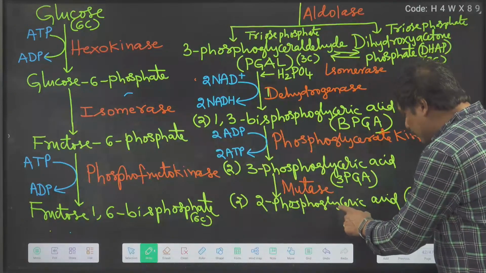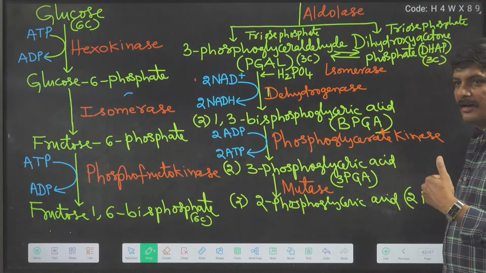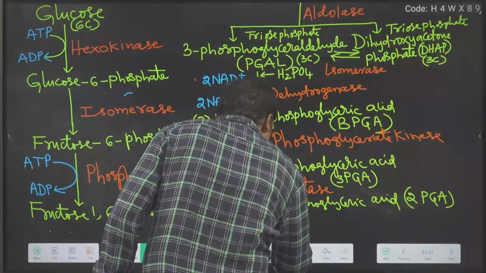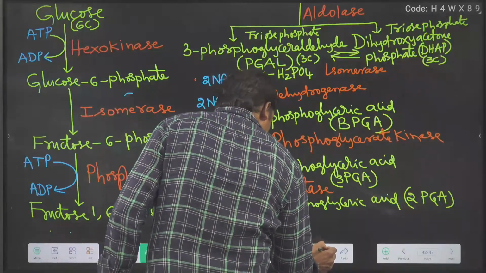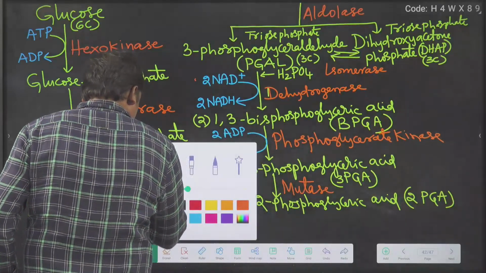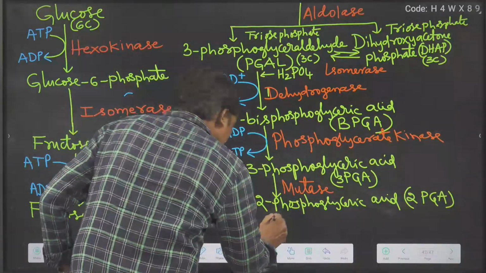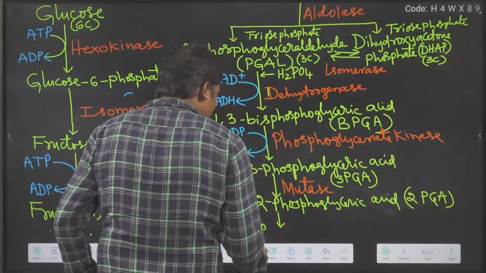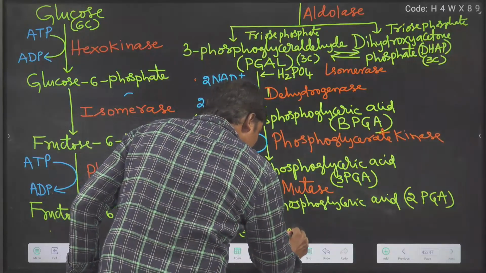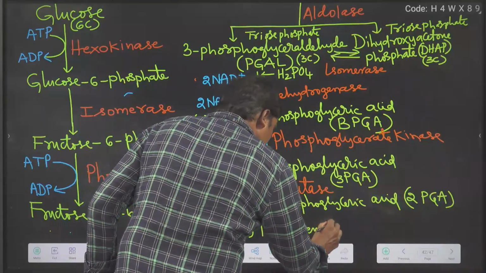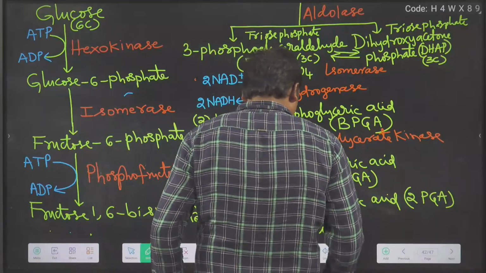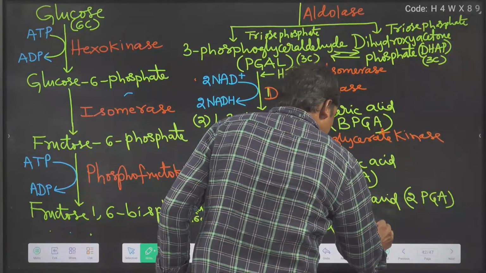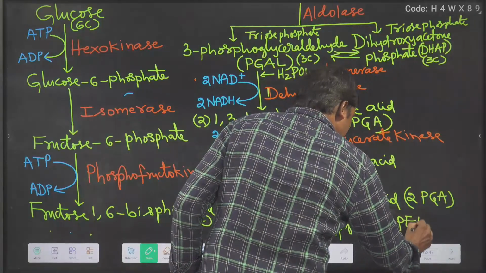Now, 2-PGA is converted into 2 molecules of phosphoenol pyruvate or pyruvic acid, simply called PEP.